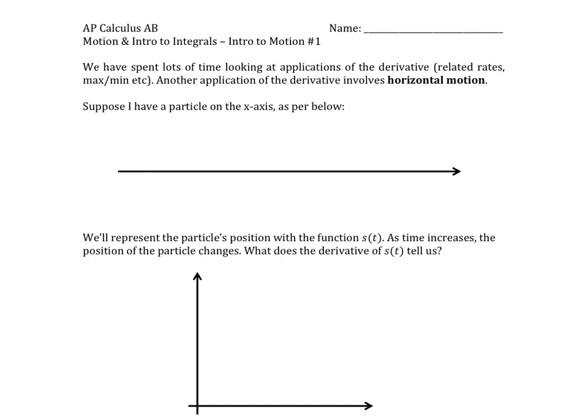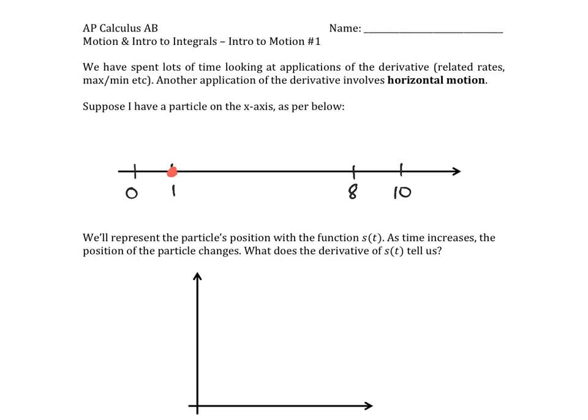So it says, suppose I have a particle on the x-axis as per below. What I'm actually going to do first is draw in some positions here. Imagine I have a particle on the x-axis, and I'm just putting in some random numbers. You could put any numbers you want, but let's imagine I have a particle starting here at position 1.